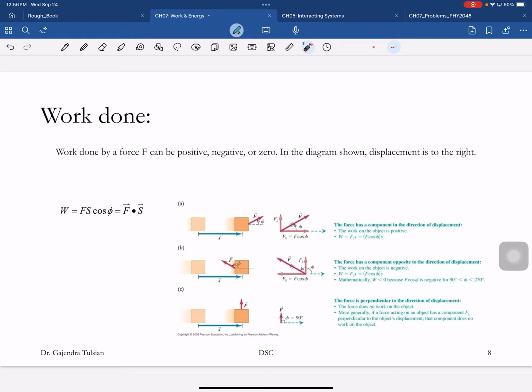And if the force and the displacement are perpendicular to each other, you've done zero work. This diagram shows you all three cases. Again, this formula is for a constant force, and the displacement is a straight line displacement.